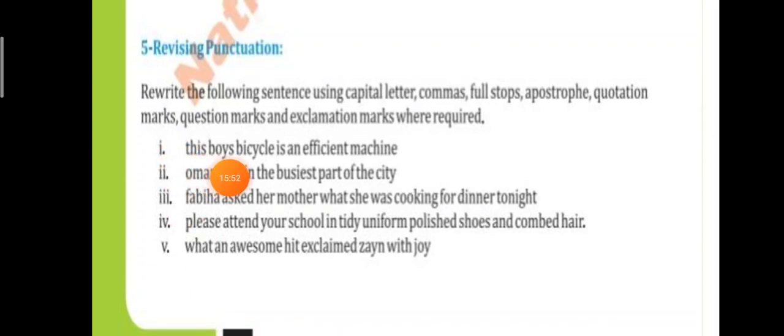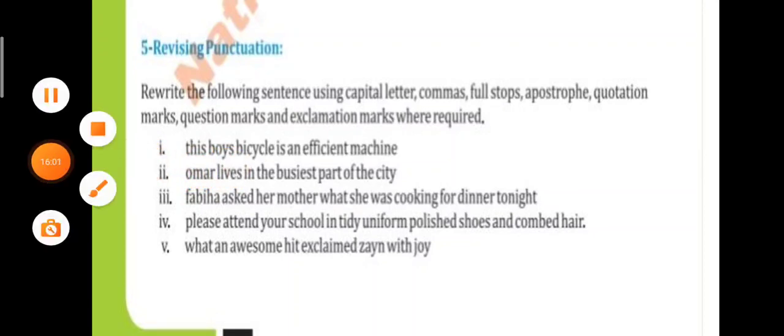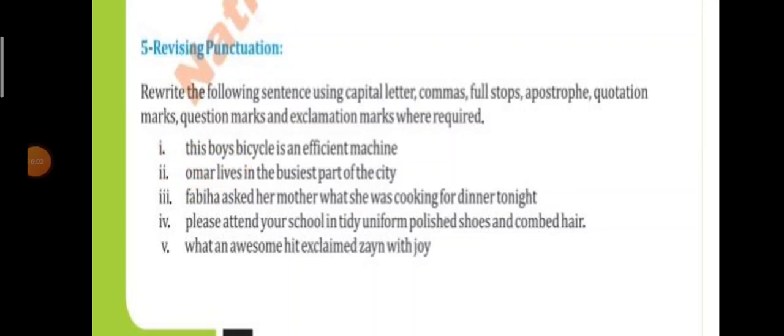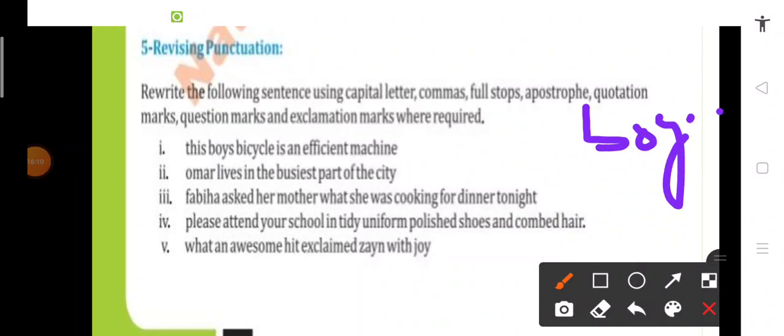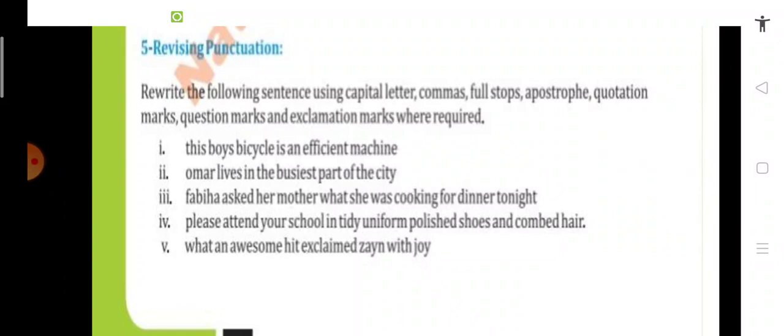This boy's bicycle, so here T of this should be capital, and boy's S would be written with an apostrophe. Apostrophe is like this comma. Okay, when we write it, boy's, here we will add an apostrophe. This boy's bicycle is an efficient machine. In the end you will write a full stop.